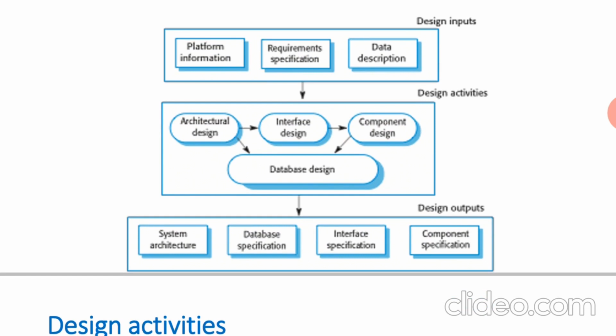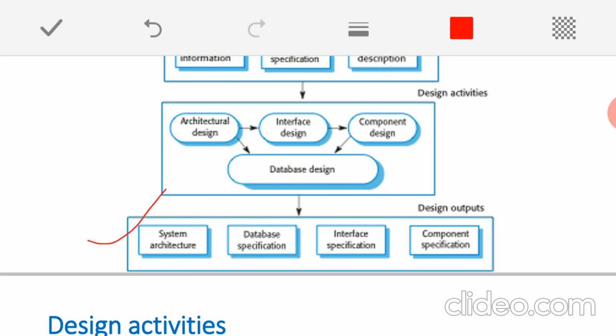Also, just have a look at what outputs we are expecting from this design process. My outputs will be, first, an overall software system architecture and my database specification: how my database is to be designed, the requirements, the nature of the database, everything. And I am going to define the interface specification. Why? Because software is not a single entity.